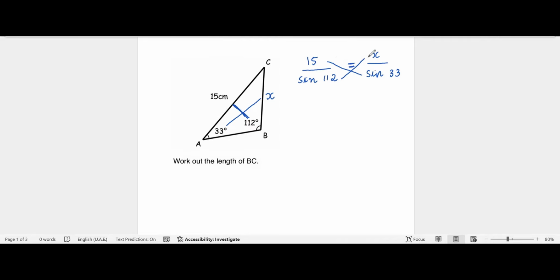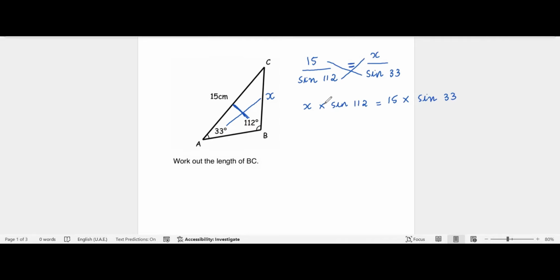See here, x is getting connected to sine 112. So x times sine 112 is equal to 15, and 15 is getting connected to sine 33, so 15 times sine 33. Now the question is to find out the side length BC, which we have taken as x.